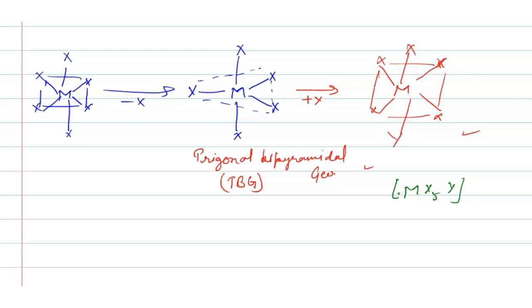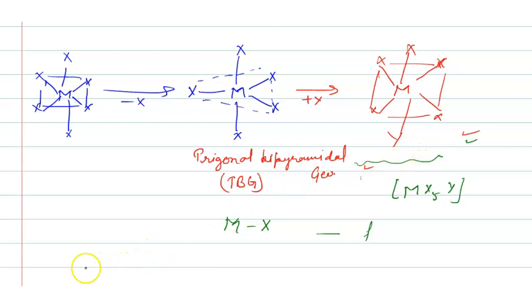Here it is octahedral geometry, again octahedral geometry. The formation of the trigonal bipyramidal intermediate involves movement of MX bonds, which again move to give the final product. This one is the final product.